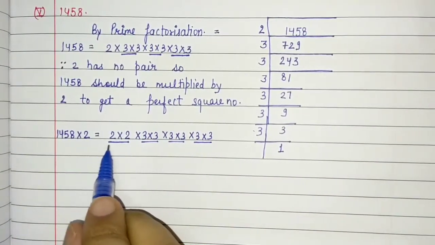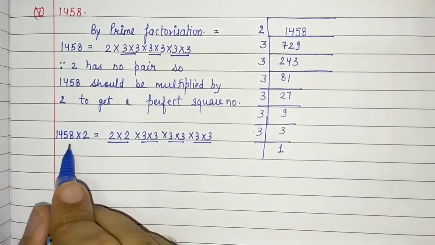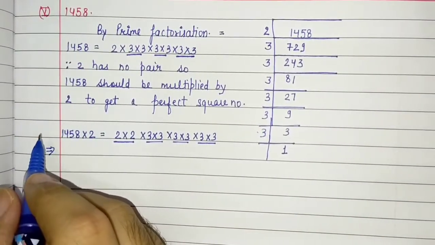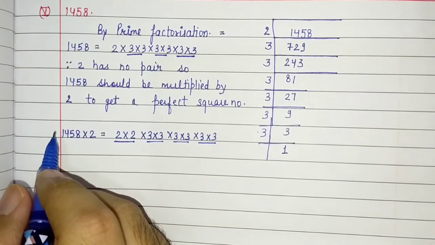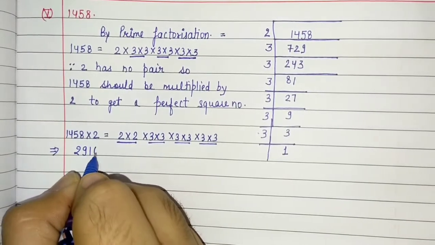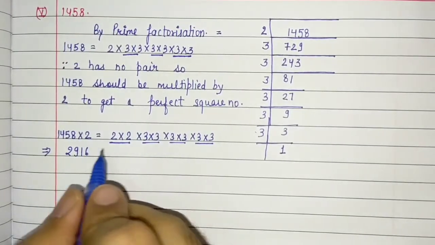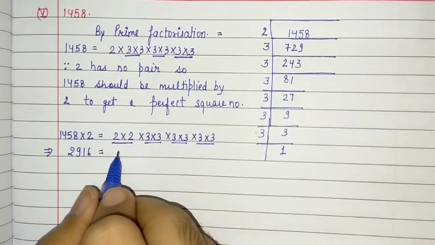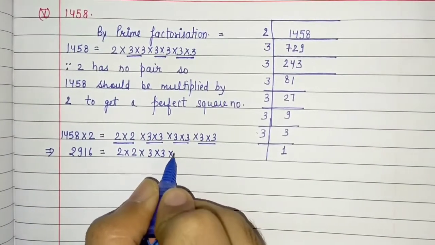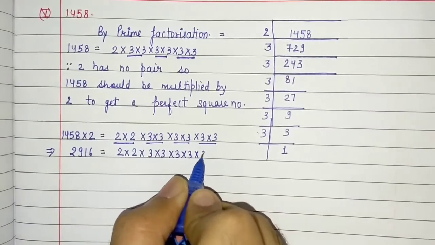Now because each and every number has a pair, if you multiply it, you will get 2916. So 2 into 2, again we are writing the same values.